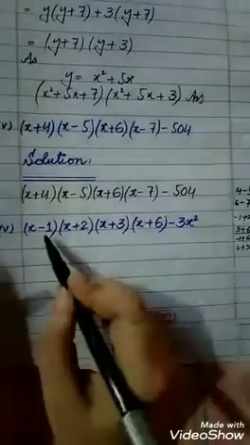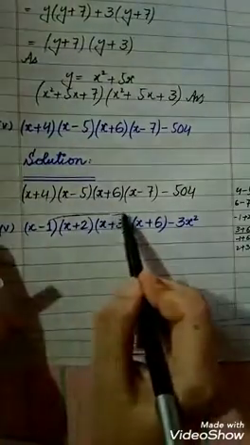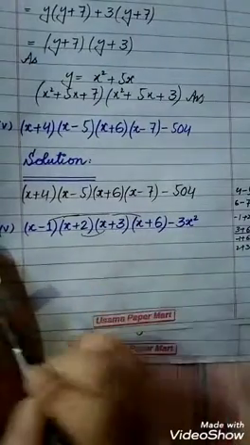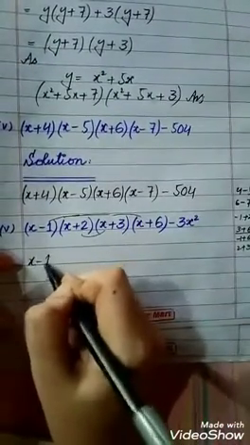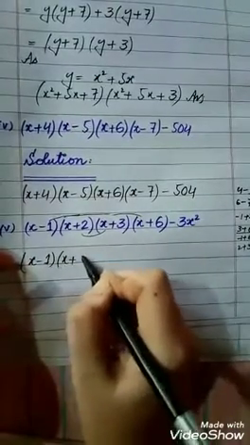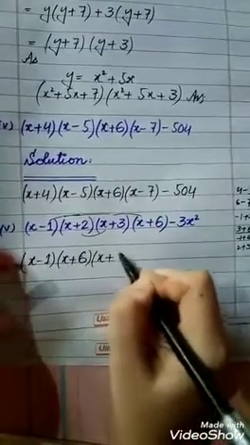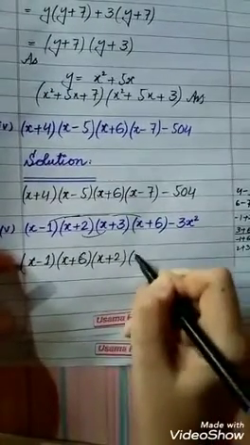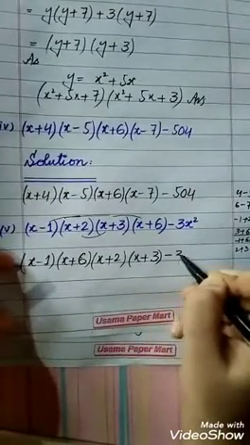So we can combine these two pairs and these two pairs. So we take x minus 1 into x plus 6 into x plus 2 into x plus 3 minus 3x square.